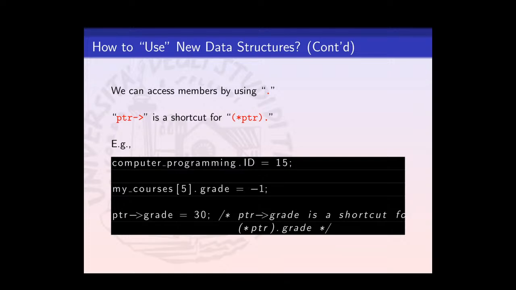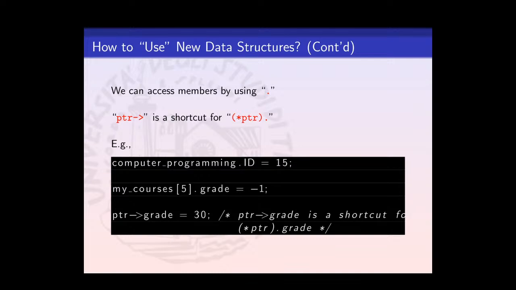We are not dealing with a pointer to a specific location. If we have a pointer which points to a location in which we have an instance of the new data type, okay, to access it, we must use the star notation. So we must say, take the pointer, which is a pointer to an instance of the new data type. Look at that instance, and this is done by the star notation, as usual. And then to access the member, we may need to use the dot notation, okay?